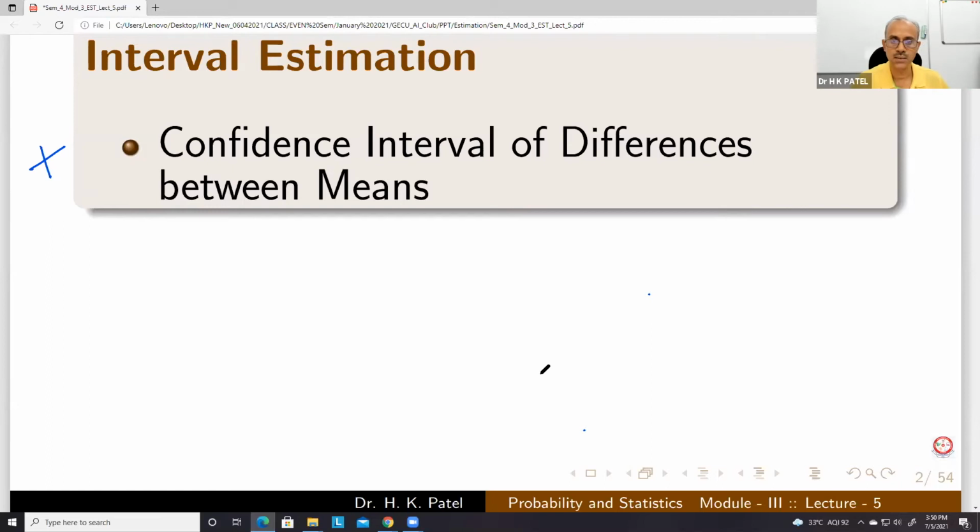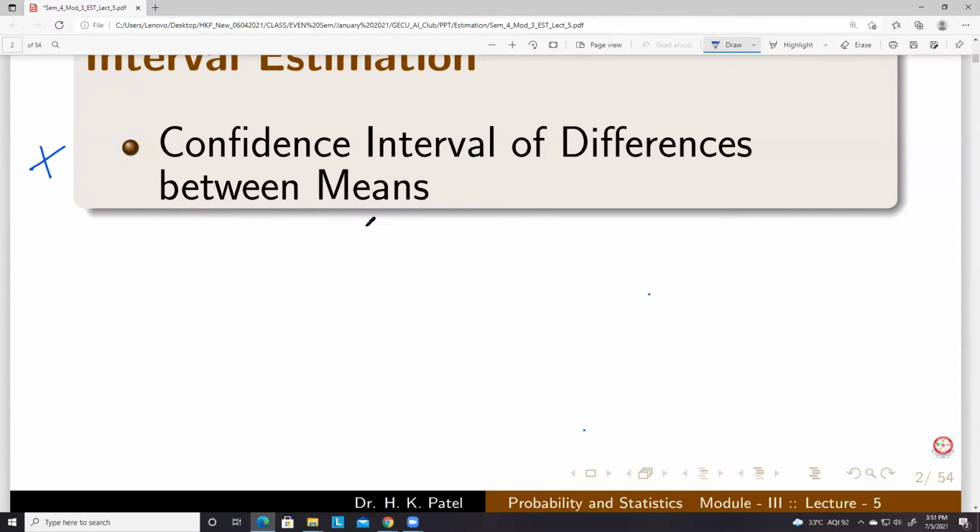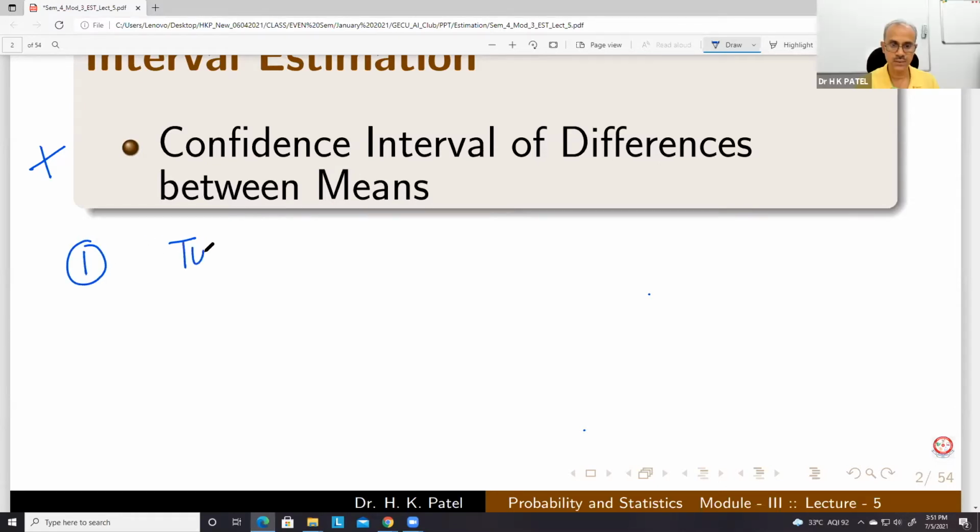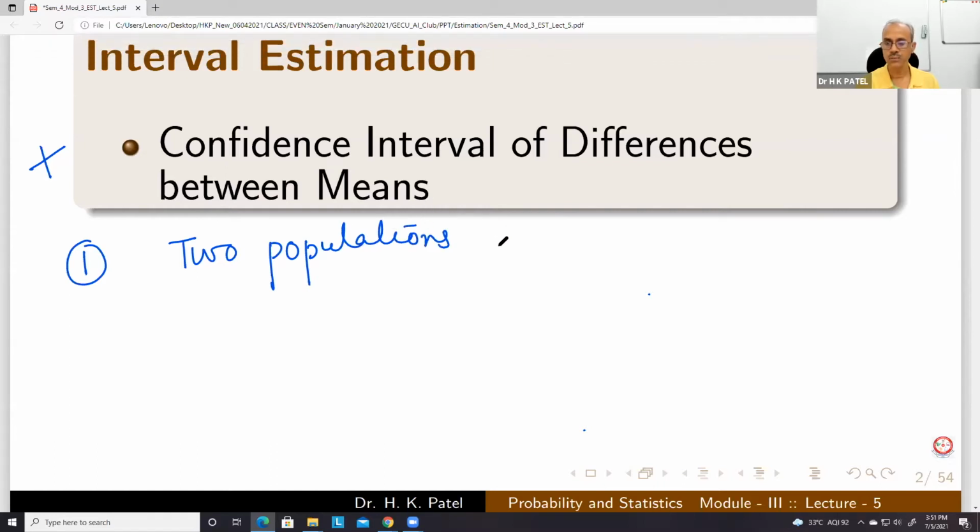So today we shall discuss how to find the confidence interval of the difference between means. Difference between means means the difference between two means. In one case we have two populations, and from each population we have drawn a sample, sample 1 and sample 2, say.